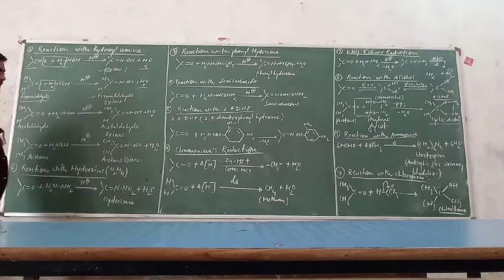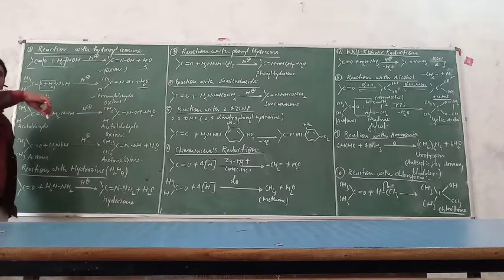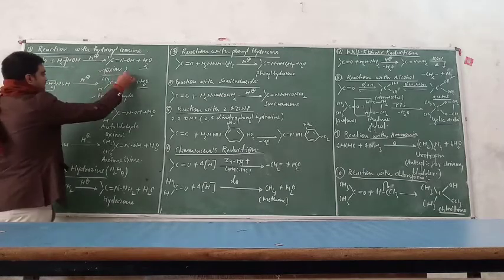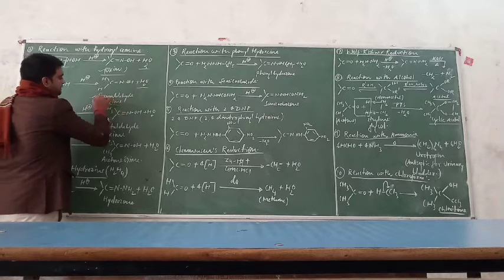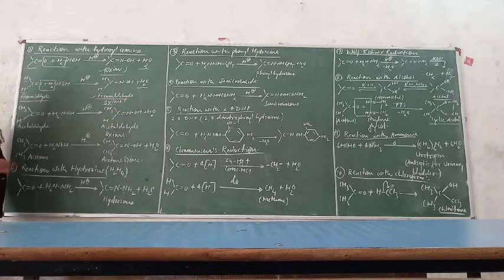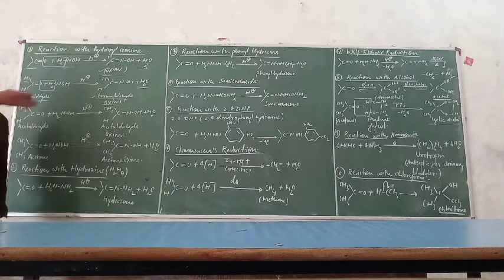Clear? You know very well that when a carbonyl group reacts with hydroxylamine, then oxime is formed, and you can write the oxime name when you use any carbonyl compound. When you have used formaldehyde, then you will write formaldehyde oxime. Clear?